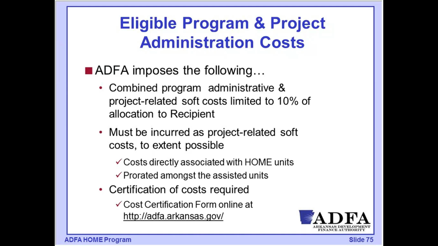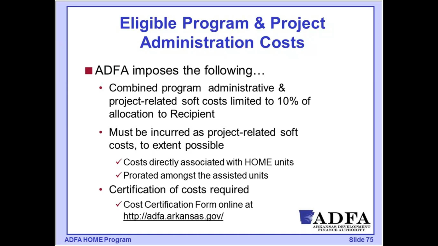It might be that you were getting a pest inspection or an appraisal done, and you're going to be billed by that vendor for multiple units. They would need to break down each of the units in their invoice so that you could track those costs and show how those costs that you were charging off were directly related to HOME-assisted units.